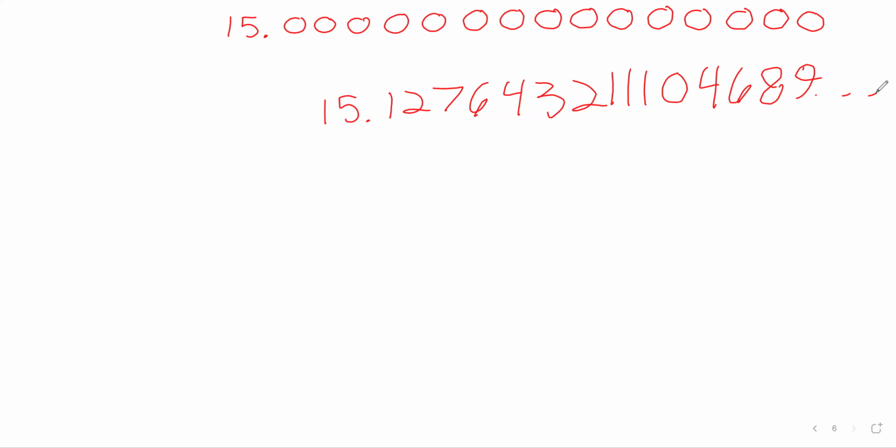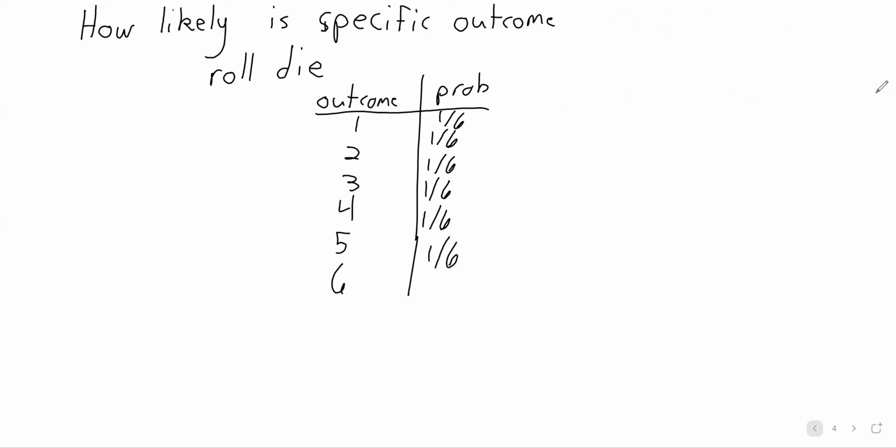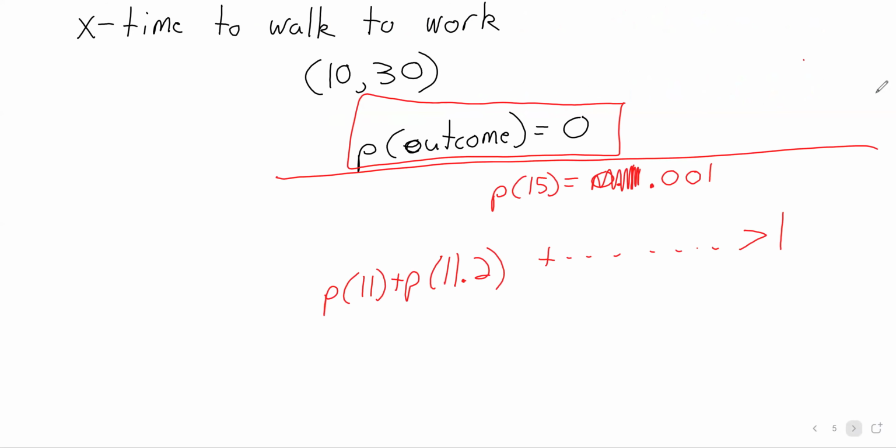But this does leave us with the problem that you can't just identify individual probabilities, they're all 0. How do we talk about probabilities? And also, how do we talk about probabilities being more or less likely?